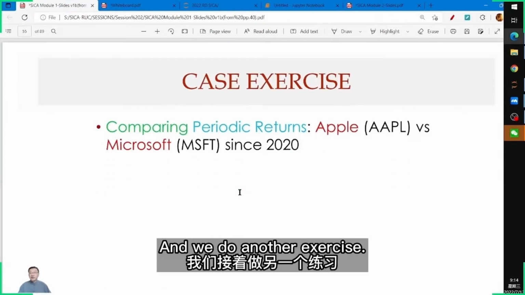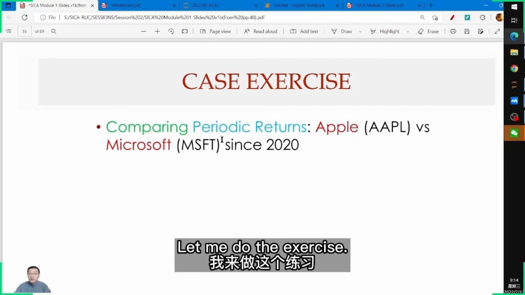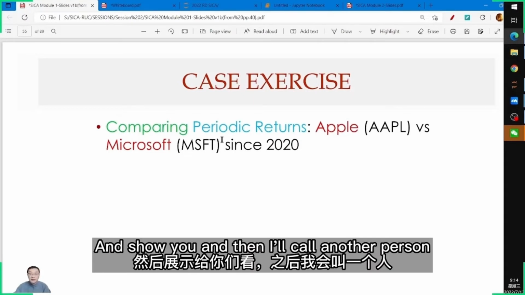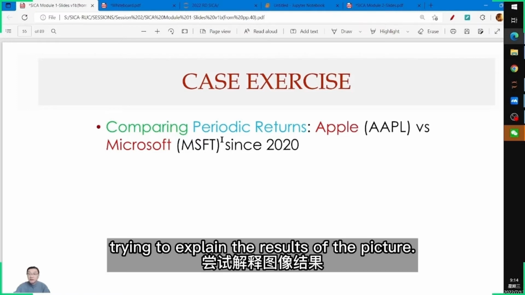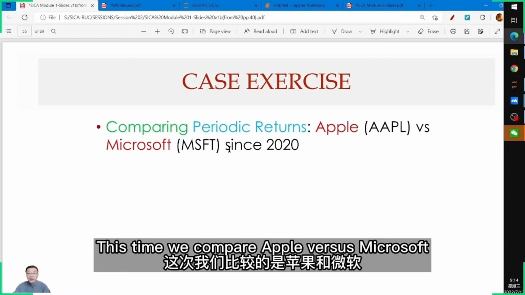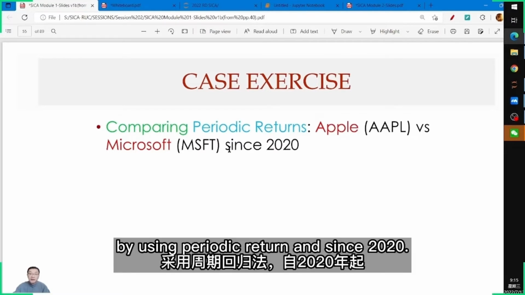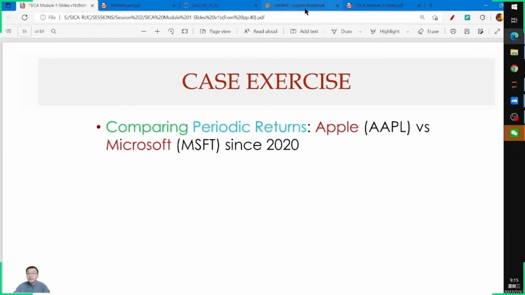And we do another exercise. Let me do the exercise and show you, and then I'll call another person to try to explain the results of the picture. This time we compare Apple versus Microsoft by using periodic return since 2020.